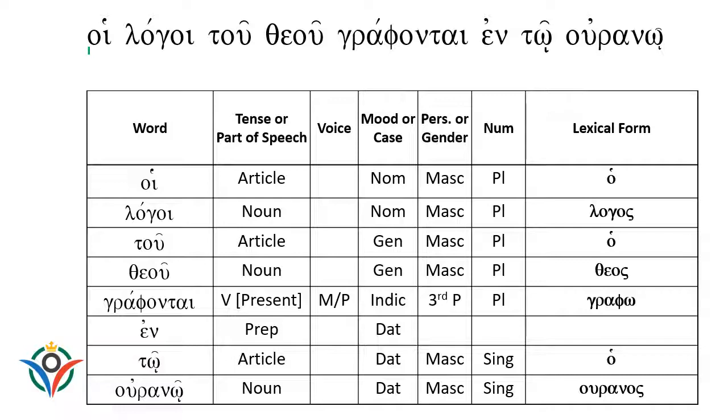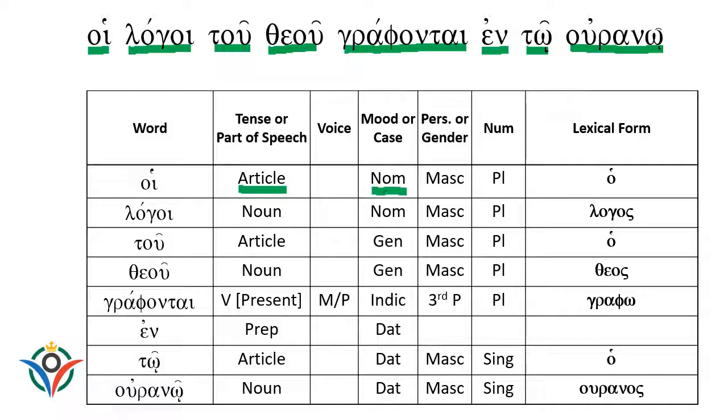So it says, hoi logoi tou theou graphontai en tō ouranō. I've taken the liberty to fill in the information for us. Let's just quickly go through it together. Hoi is an article.